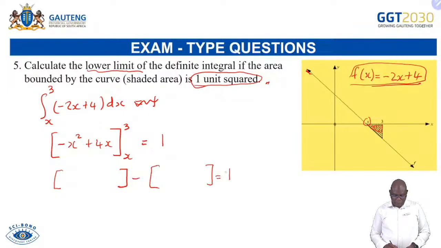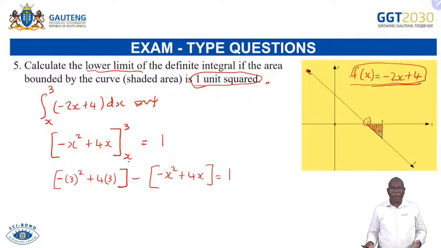Then I'm going to have negative 3 squared plus 4 into 3. This side I'm going to have negative x squared plus 4x because it is the x. So I'm substituting by x, so I'm still going to get the same thing. Then I know here I'm going to get 12 minus 9. 12 minus 9 will give us a 3.